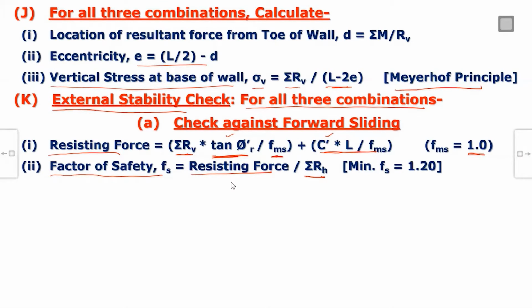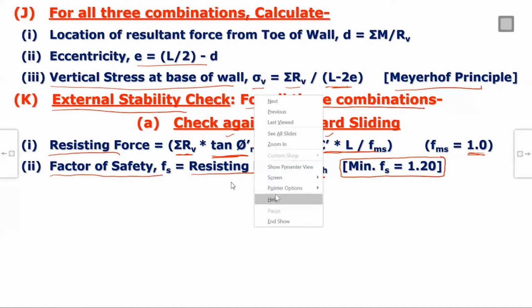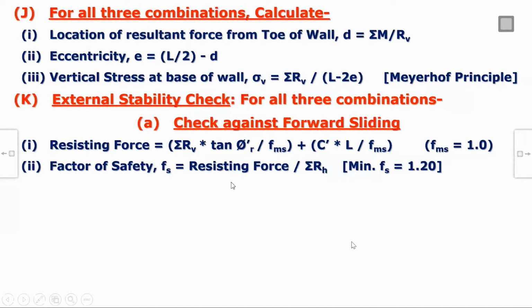Disturbing force is summation RH, and this is resisting force. This is overall factor of safety, and overall factor of safety as per this code for this case we should get minimum 1.2. So this is check against forward sliding, very simple.